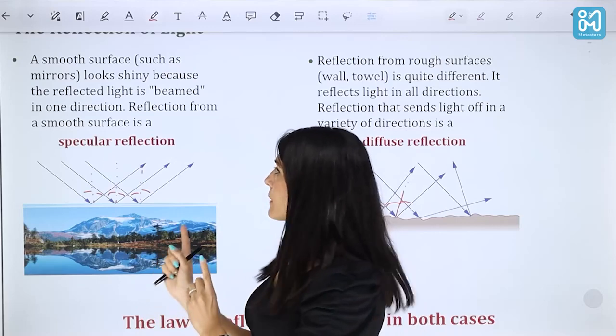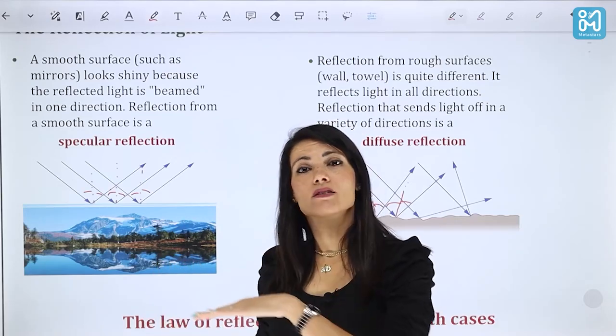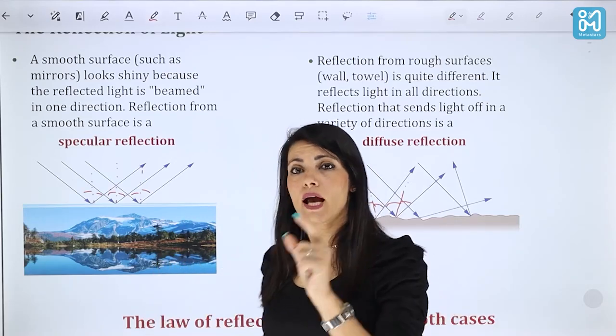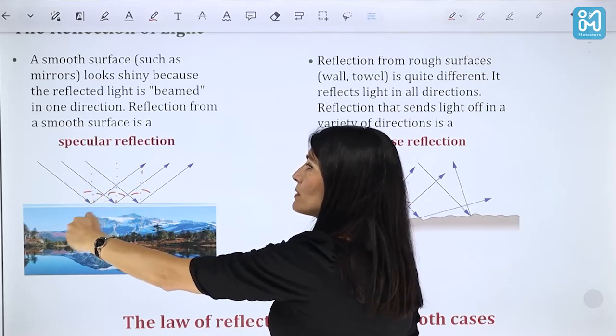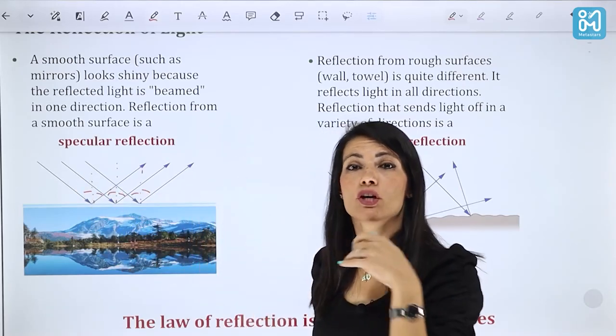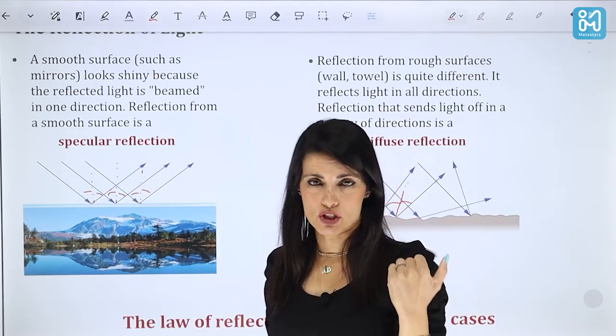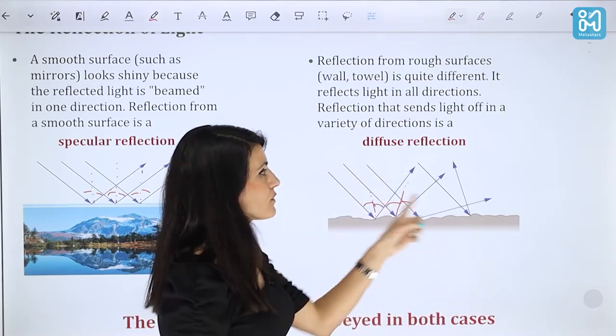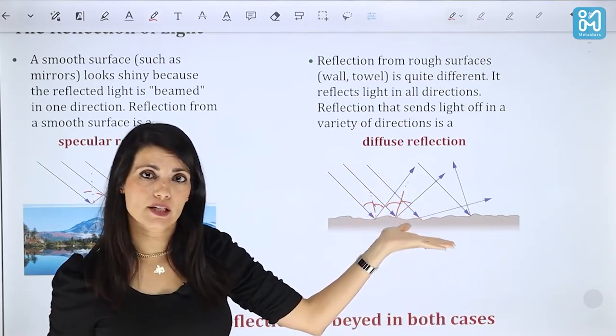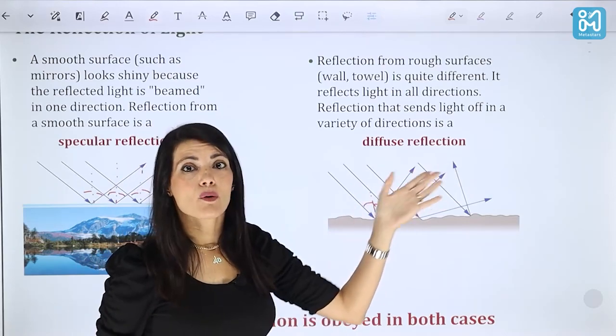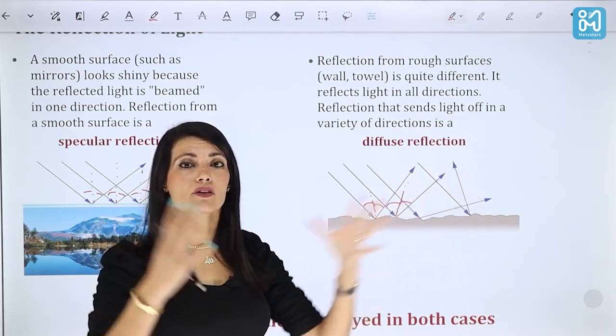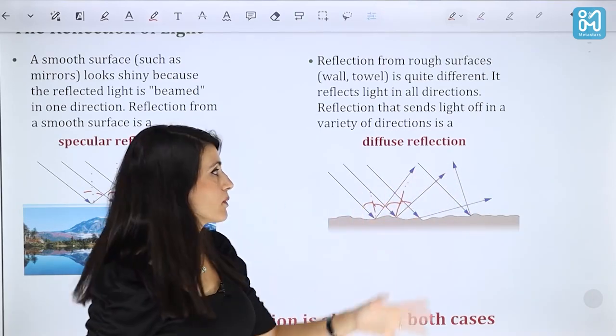However, in specular reflection, the surface is very smooth and all light rays will be reflected in a parallel manner, so we are able to see a clear image. However, in diffuse reflection, the light rays will be reflected in a diffused manner. They will be scattered or spread apart.